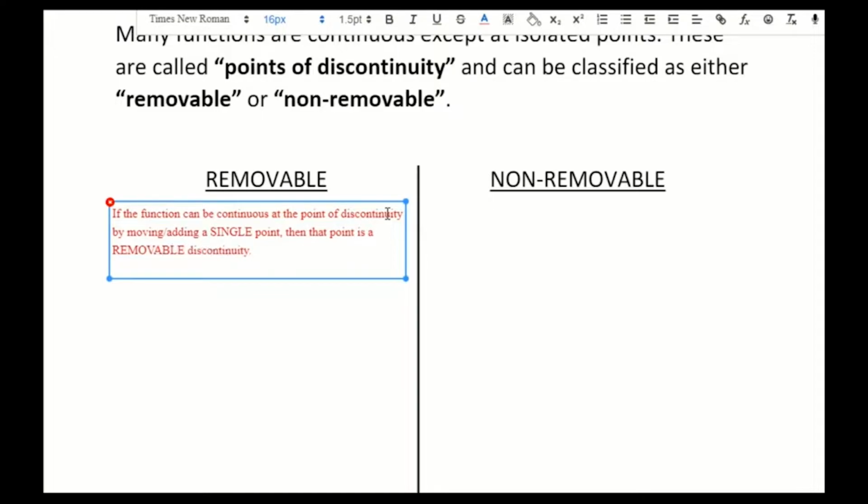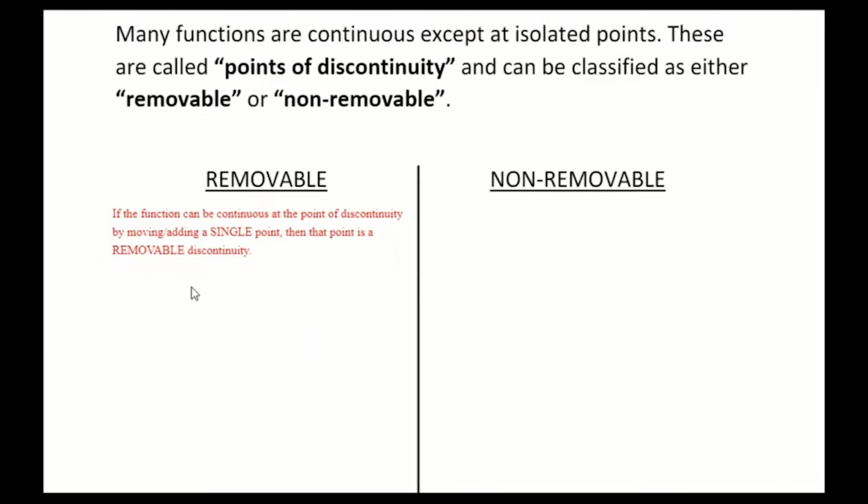And this more or less happens when your limit exists, but the function is not defined as the same value. So if we go back to the definition of continuity, if it's discontinuous because the limit does not equal the value of the function, then that's when we have a removable discontinuity.